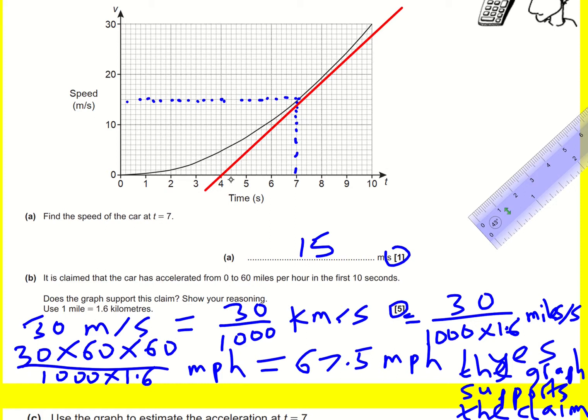So I'm going to create my triangle, from where it touches the axis to the end of the graph here. And here's my triangle. Now I just need to work out the change in speed. I can see that I've gone from 0 up to 27. So the rise is 27. And I've gone from 4 to 10, so the run is 6.